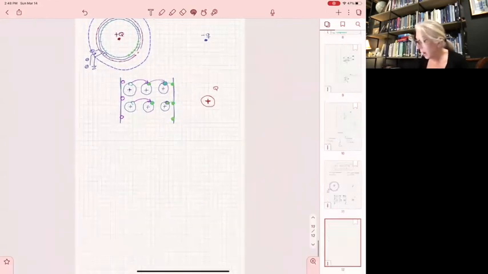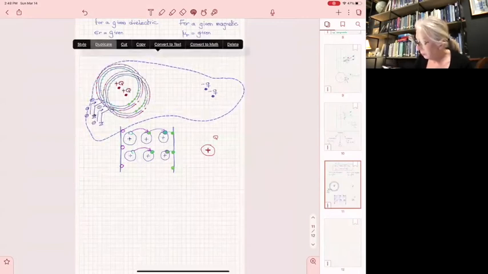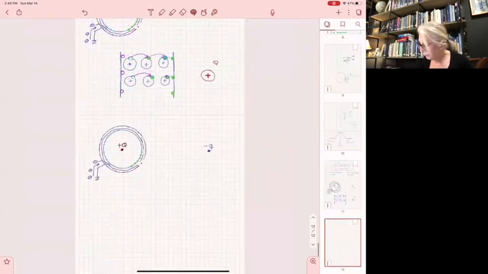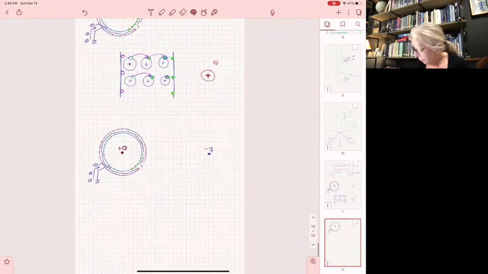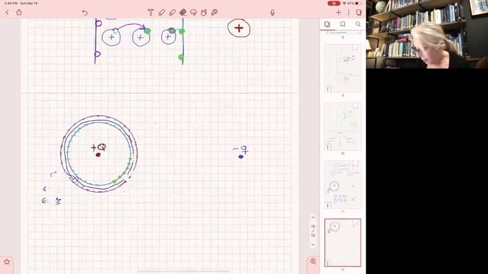So without the grounding, for example, let me duplicate this. Let me remove this for a second and assume that these dimensions are relatively accurate.